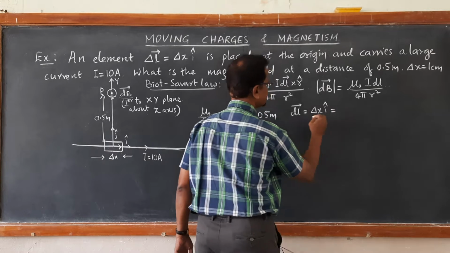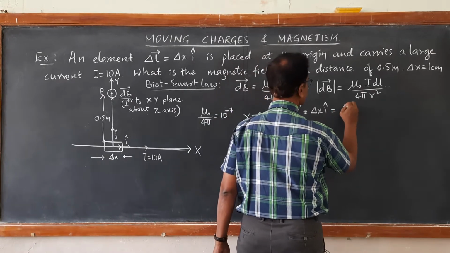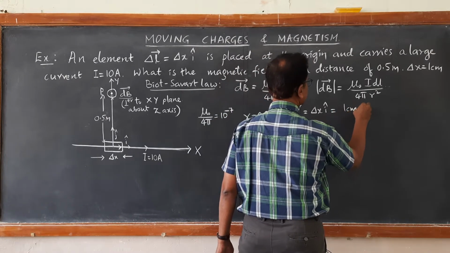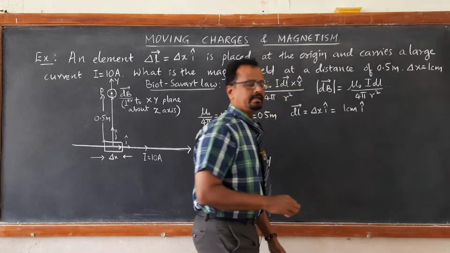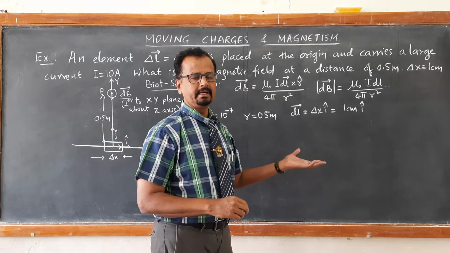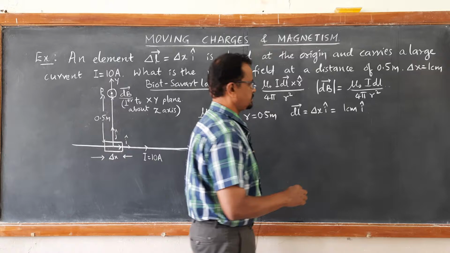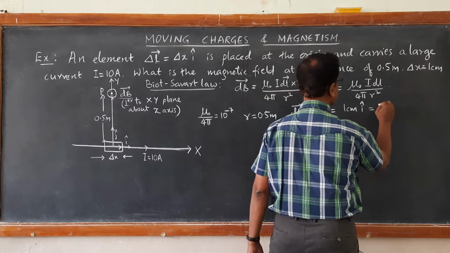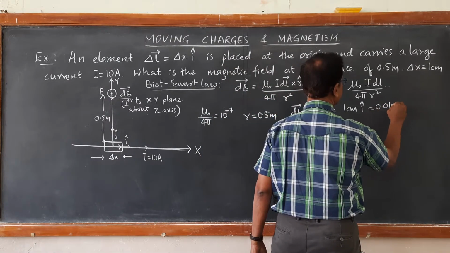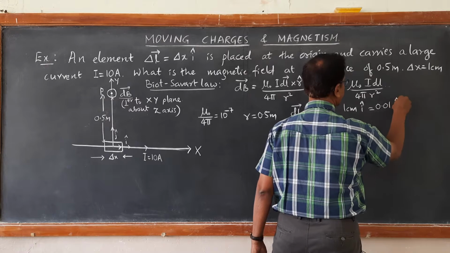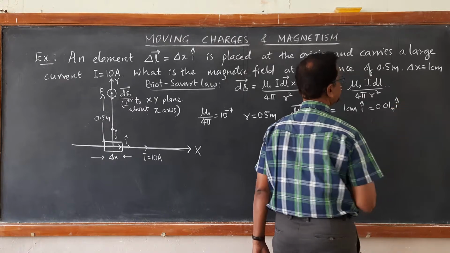So delta x is 1 centimeter, so 1 centimeter I cap. 1 centimeter can be written in terms of meter as 10 to the power of minus 2 meter, that is 0.01 meter I cap.